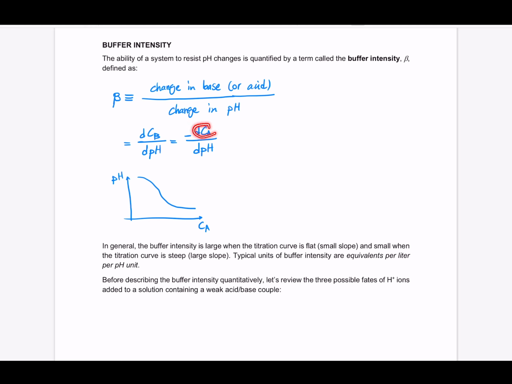This is y, this is x, but here in this curve it's basically opposite. So this is 1 over the slope of titration. That means the higher the slope, the lower the buffer intensity. So here, for example, a high slope means low buffer intensity, and here is high buffer intensity.